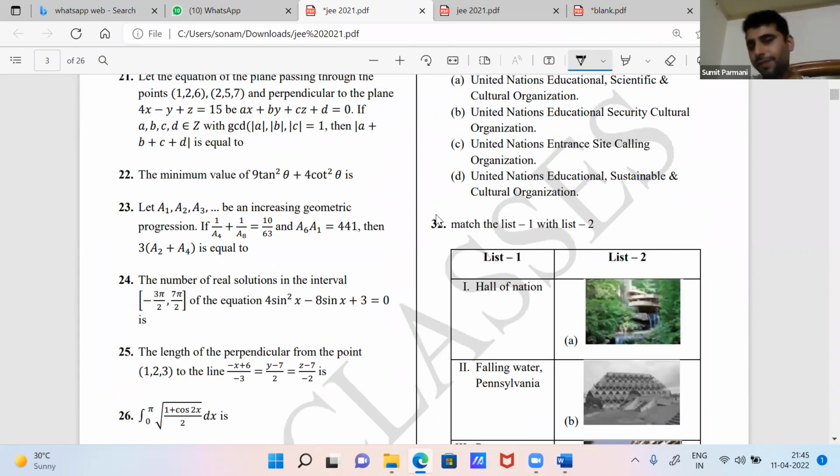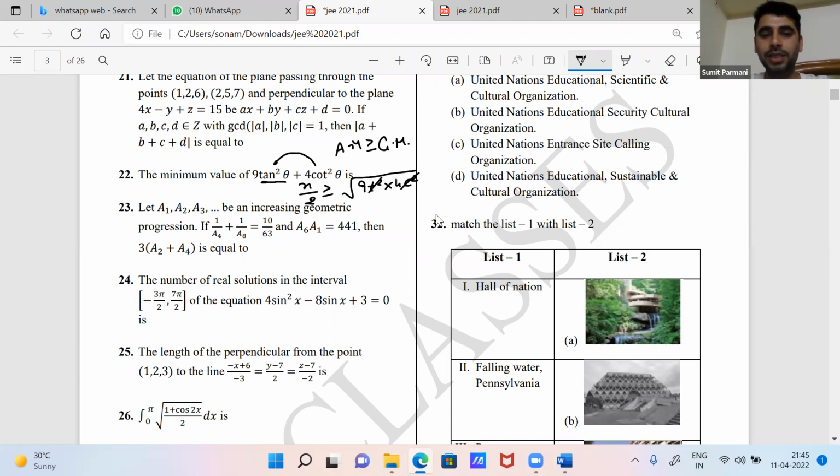From integers, first we are solving those which can be done directly. See the minimum value of this, and as already told, if the two terms are reciprocal of each other, then we can directly take the AM greater than or equal to GM relation. So directly I'm taking this as X. So X by 2 is greater than or equal to the square root of 9 t square into 4 c square.